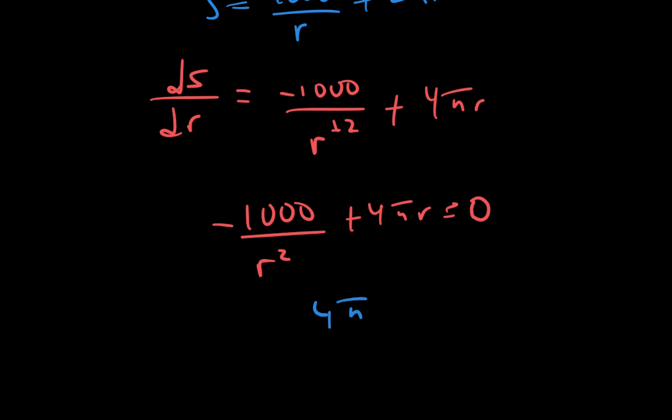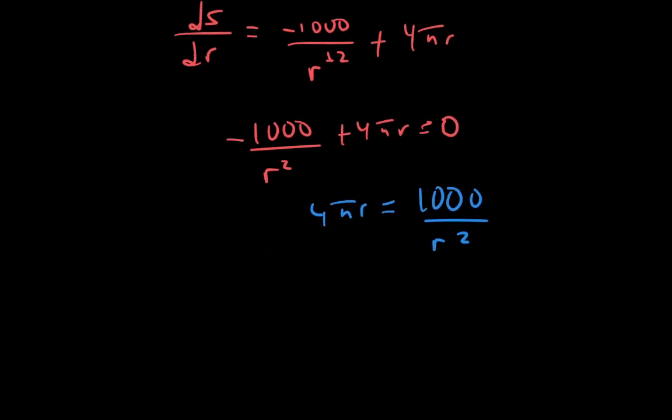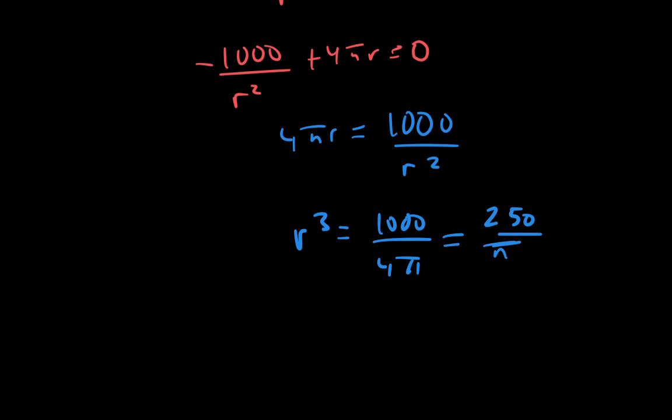So 4 pi r is equal to 1000 over r squared. r cubed is equal to 1000 divided by 4 pi, which is equal to 250 over pi. r then is the cube root of 250 divided by pi.